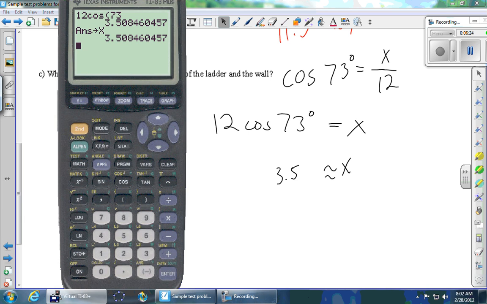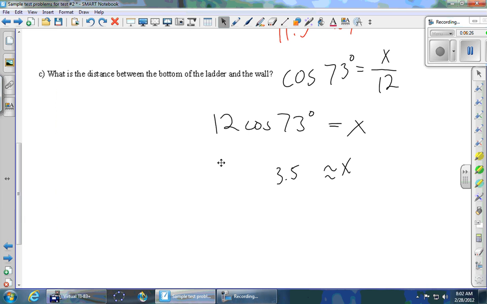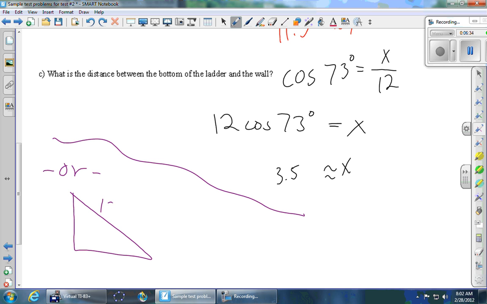If I had chosen to go the Pythagorean theorem route, just an aside here. If you know that this is a 12 and this is an x, and we figured out this was around 11.5, then we can use Pythagorean theorem. X squared plus 11.5 squared equals 12 squared.